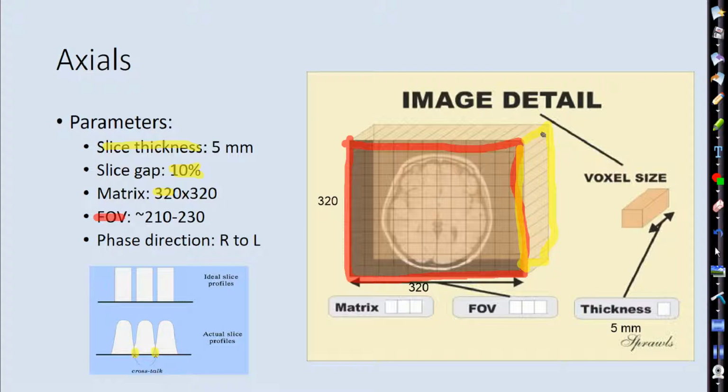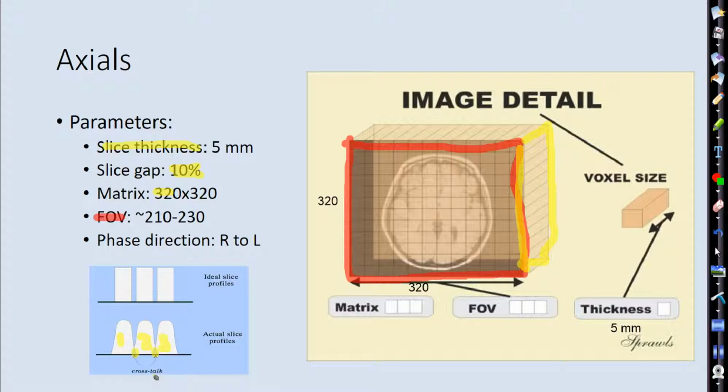That's what we would think happens with our system. But what really happens is we get this little curve right here, where, say this is slice 1, this is slice 2, this is slice 3, some of the spins in slice 2 get excited with slice 1, and that's what we call cross-excitation or crosstalk.